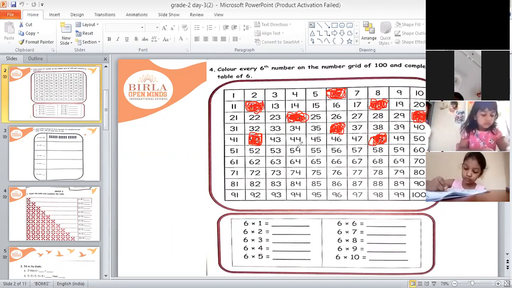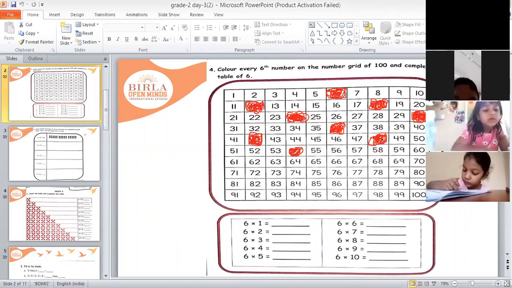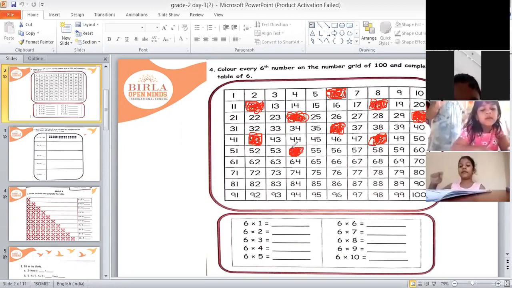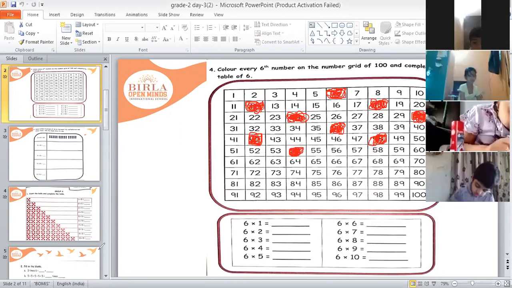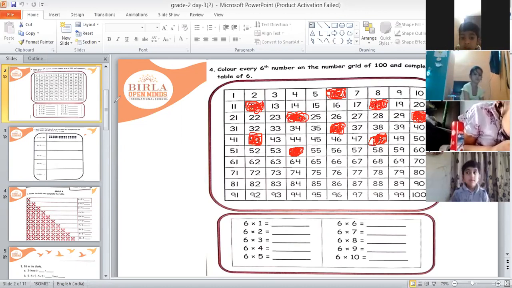And remember children, we are coloring every sixth number in this grid to complete the 6 table. Okay. Lohit, next number after 54.